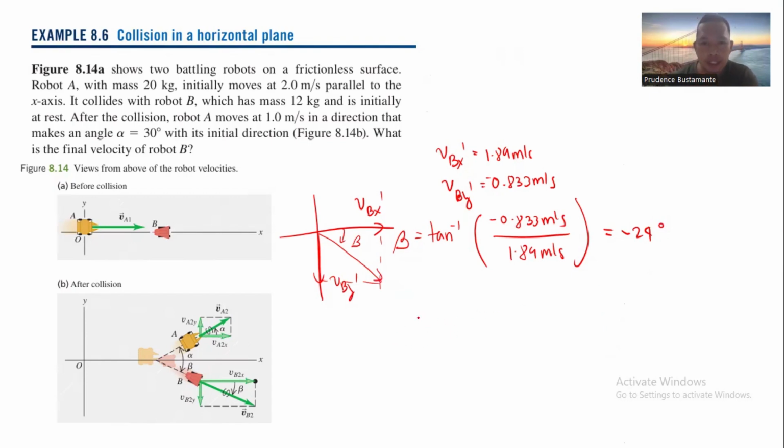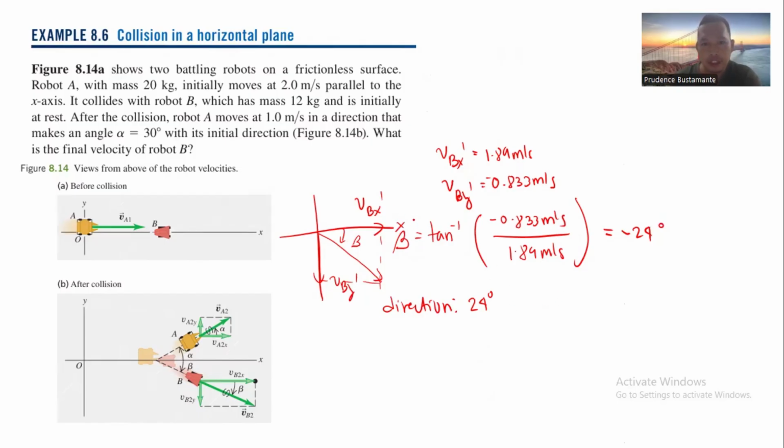What does it mean? The direction is negative 24 degrees because it is read from the positive x-axis clockwise, meaning the angle is negative. Or you can just put 24 degrees. What is this direction?